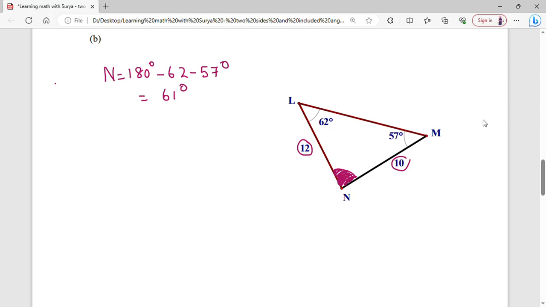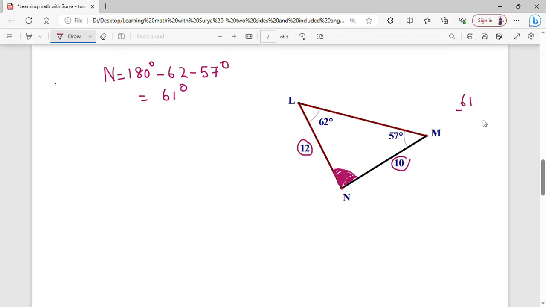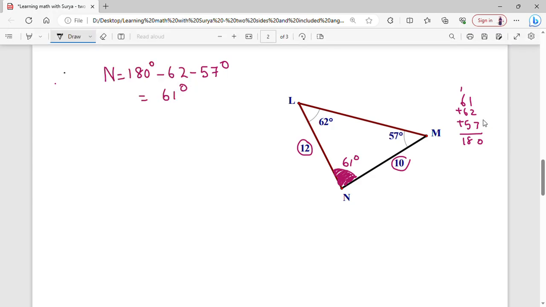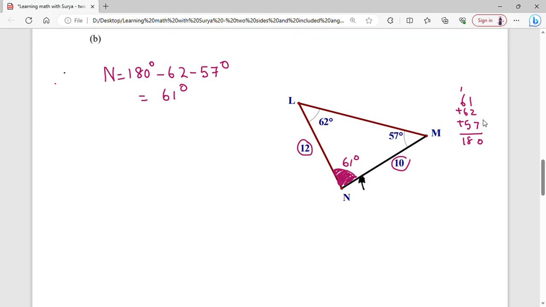You could verify: 61 plus 62 plus 57 is 180 degrees. So this angle is 61 degrees. I need this step to apply the formula, because it's very clearly stated that the angle is included. This is the angle I am looking for.